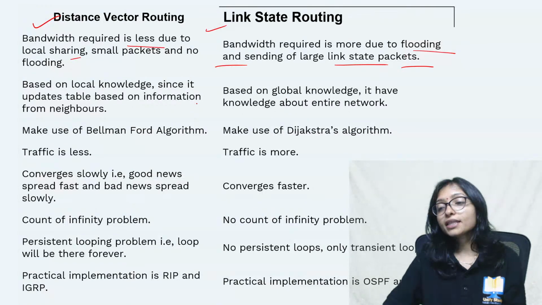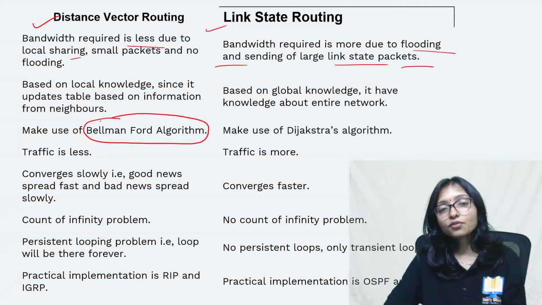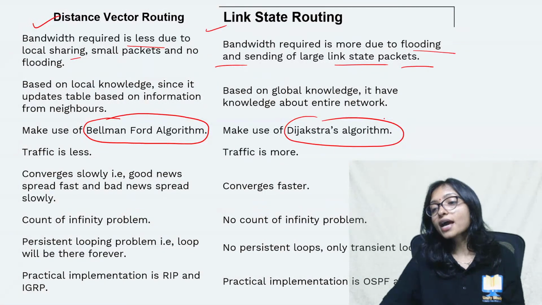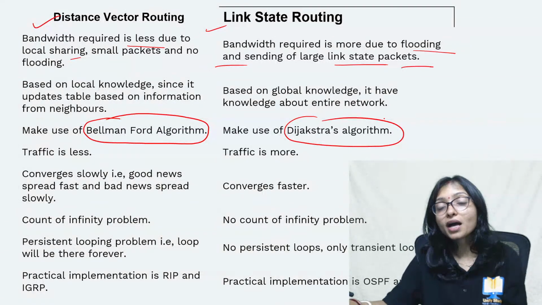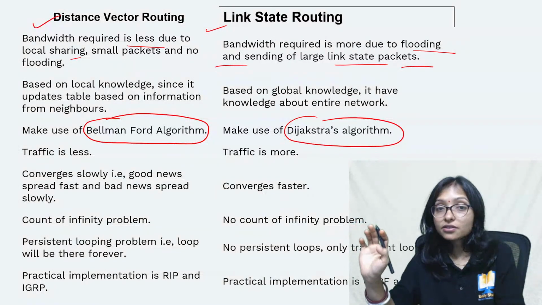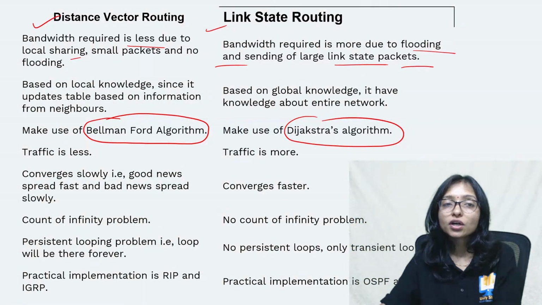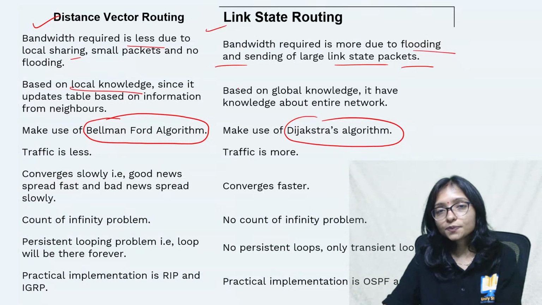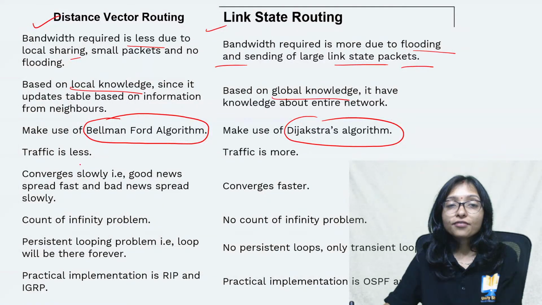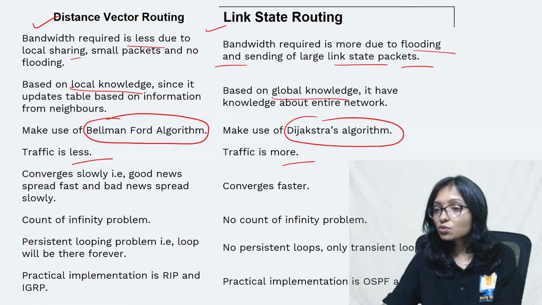In distance vector we are using Bellman-Ford, and here you are using Dijkstra. Dijkstra algorithm is a shortest path algorithm. Now you can see the option, shortest path is required, right? It is focusing on shortest path algorithm. And here it is based on local knowledge, here it is based on global knowledge. Here traffic is less, here traffic is more.